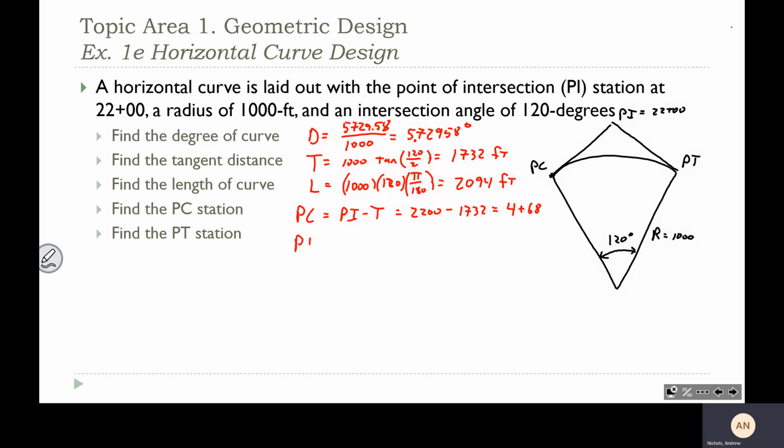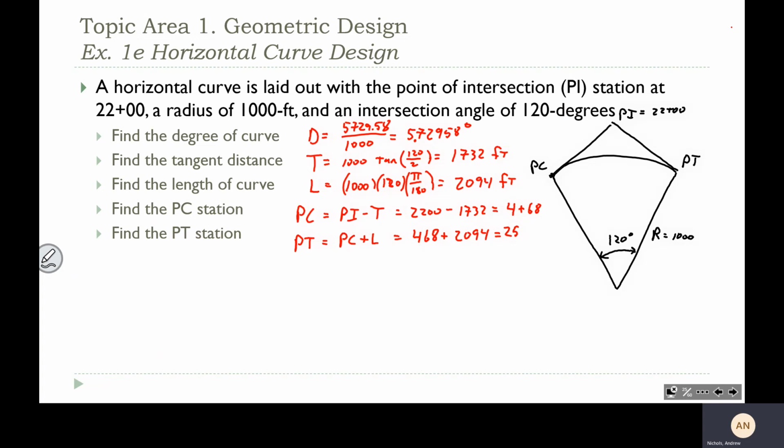And then our PT station is PC plus L. So we know PC, we just calculated it, it's 468. We just calculated L as 2094. So 25 plus 62.